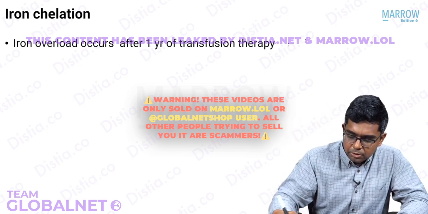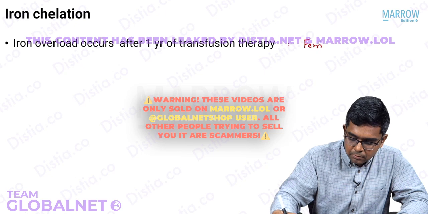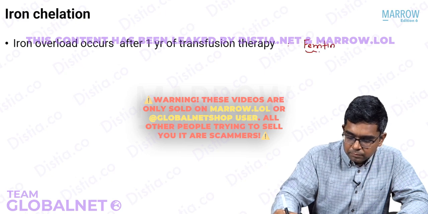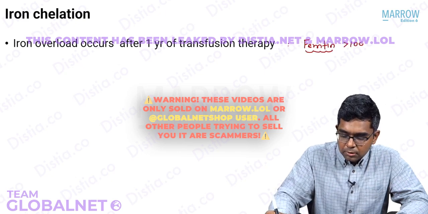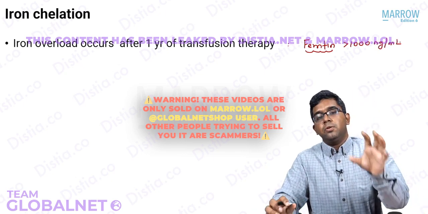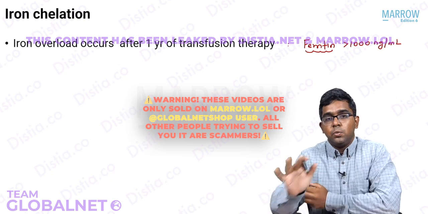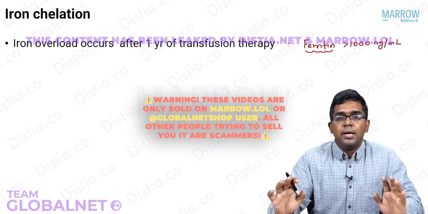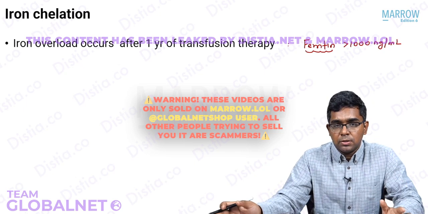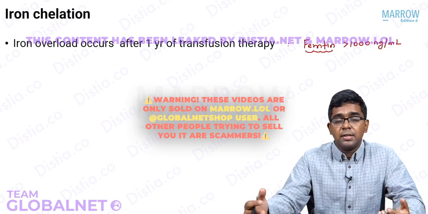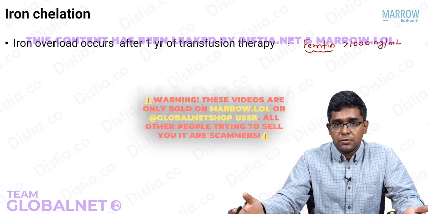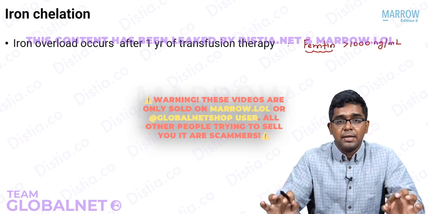This roughly corresponds to ferritin levels of more than 1000 nanograms per ml. So that is why we keep following the ferritin levels in a child once the blood transfusion is started. And once the ferritin level reaches more than 1000 or more than 1 year has passed after starting the transfusion therapy, we will start iron chelation.